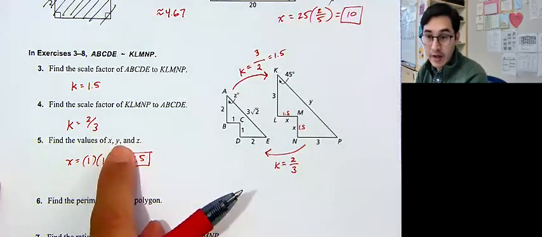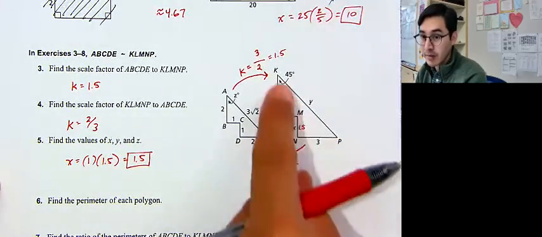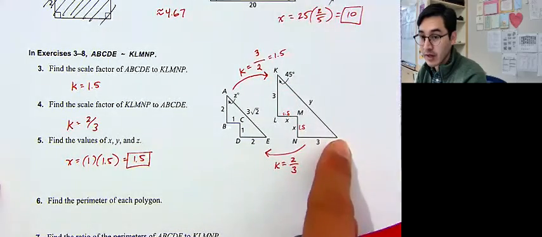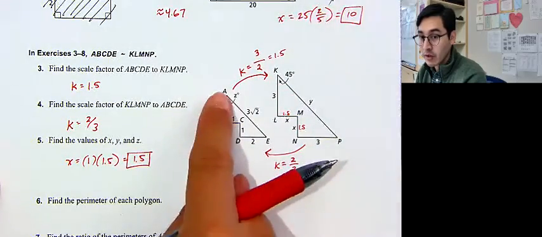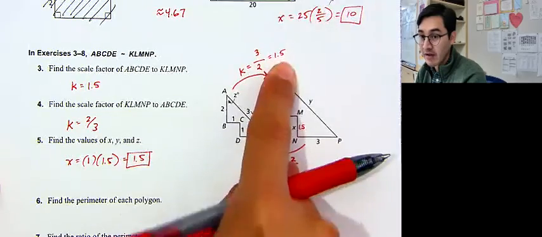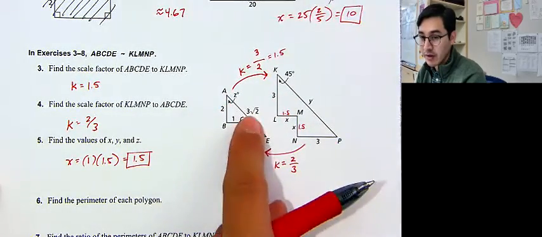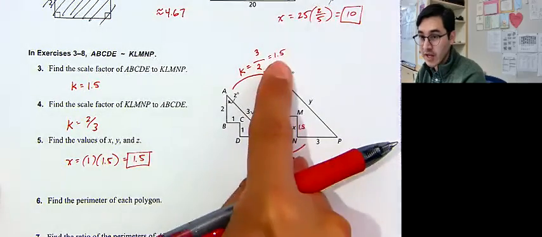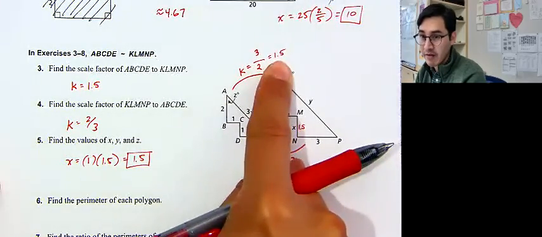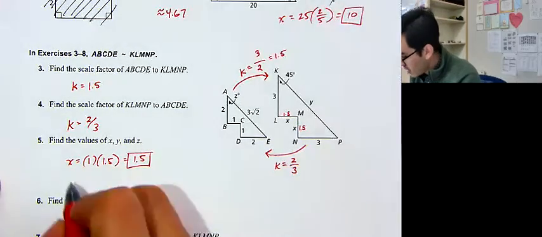Again, y is a measurement from the big figure. So we'll find the corresponding measurement in the small figure and scale up by the factor 1.5 to get y. The diagonal length here is 3√2. We're enlarging by 1.5, so multiply this by 1.5 and that'll give us y.